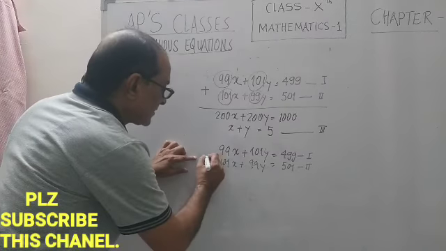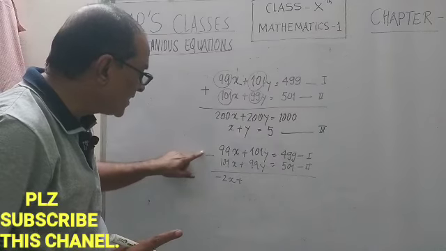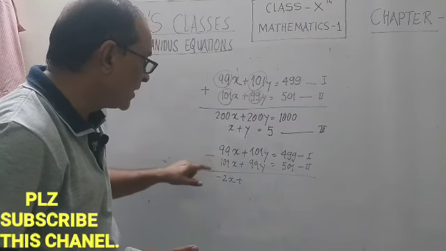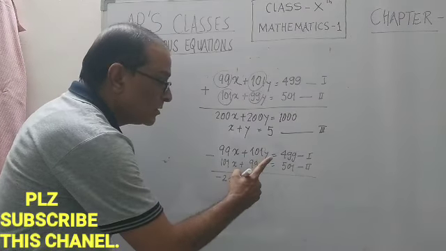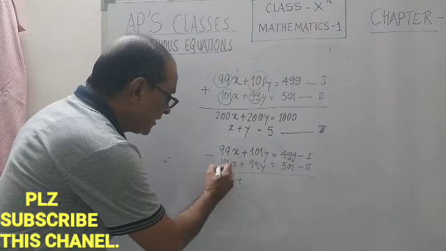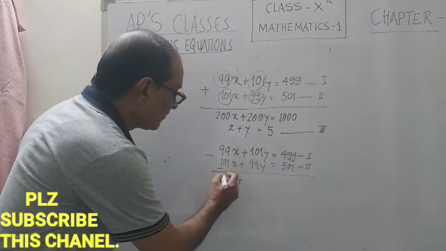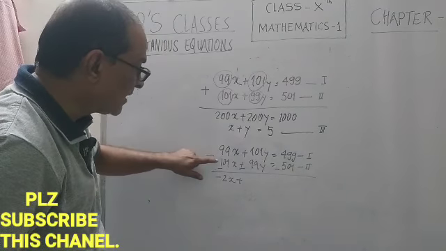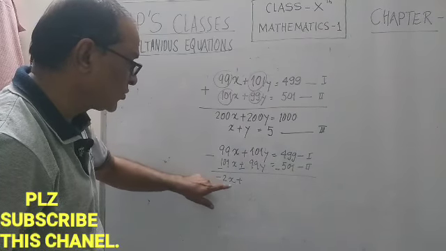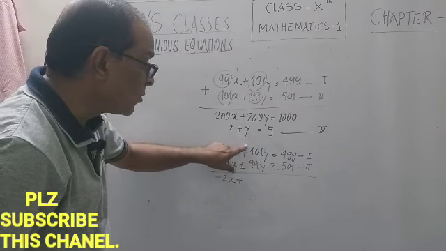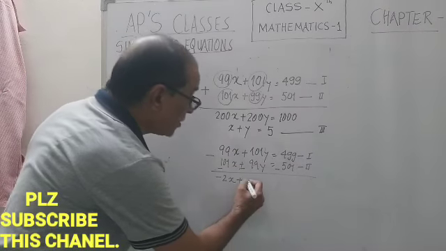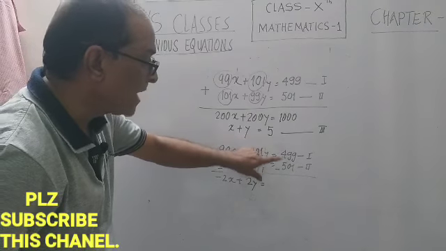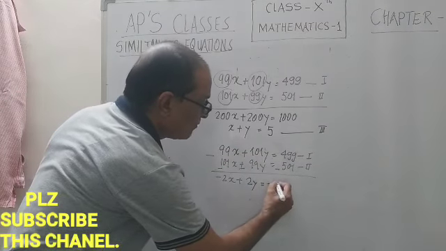Now I will subtract it. To subtract the complete terms, you need to change the signs. Here it was positive, it is made negative. So 99 minus 101 is minus 2x. 101 minus 99 is plus 2y. And 499 minus 501 gives you minus 2.